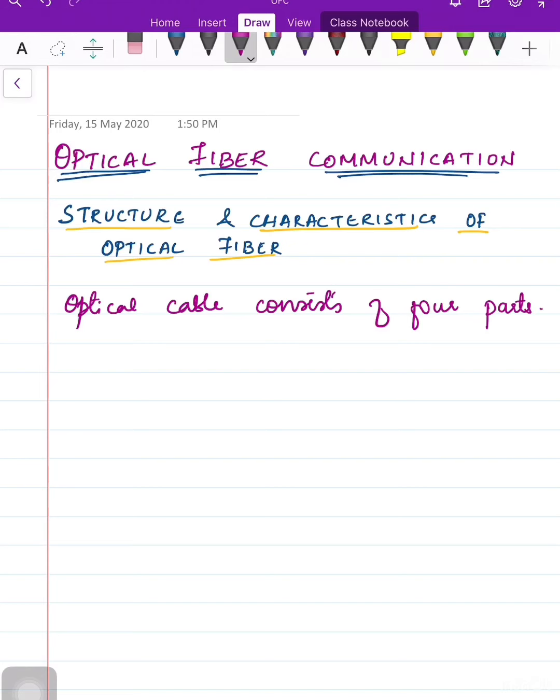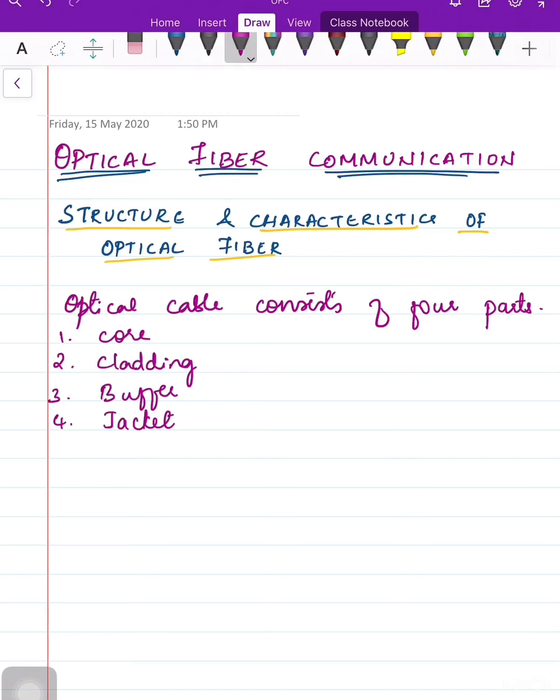The four important parts are: the first one is core, the second one I'm calling cladding, the third one buffer, and the fourth one jacket. Clear? Okay, so now let's see the core.